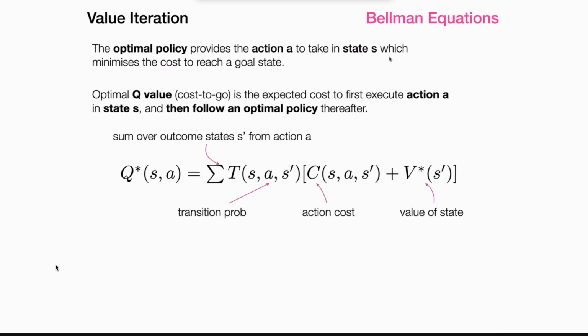So the cost to go is the expected cost of executing action A and then following the optimal policy afterwards. There's three things here, and we'll go through these in turn. Expected cost. In fact, we'll just look at expected cost and then optimal policy.